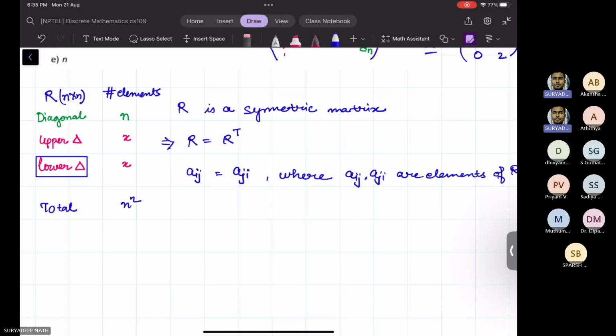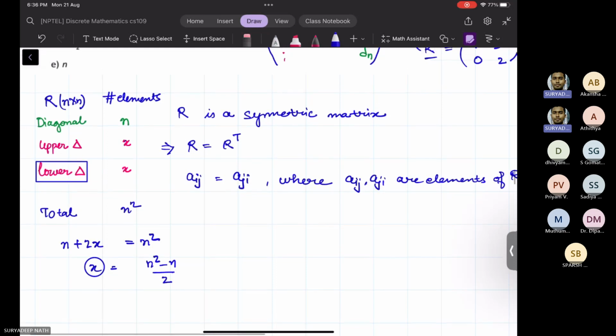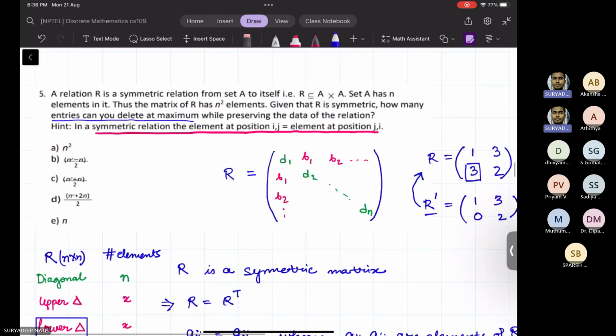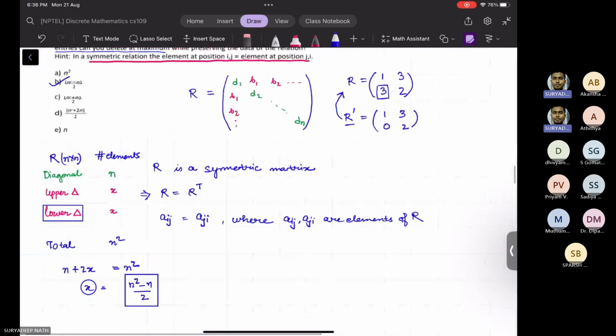So total there are n square, and so we have n plus 2x equal to n square, and x is therefore n square minus n over 2. So we have to remove only x terms, corresponding to the lower diagonal or the upper diagonal. Therefore the right answer for this question is n square minus n over 2. So option B is the right answer.